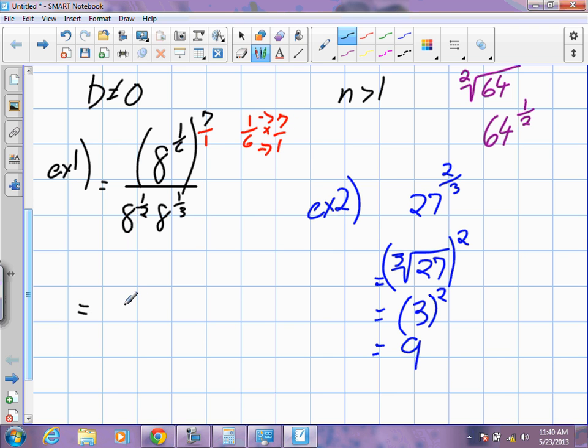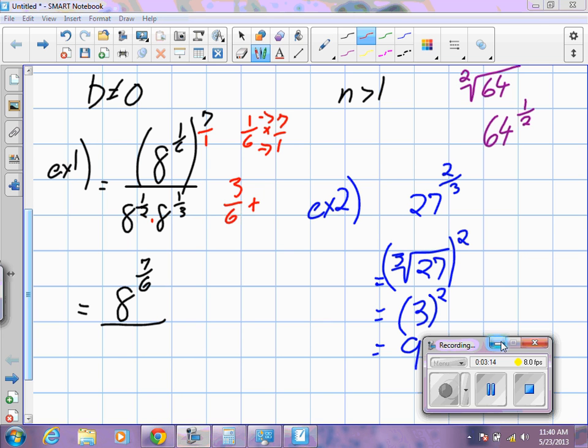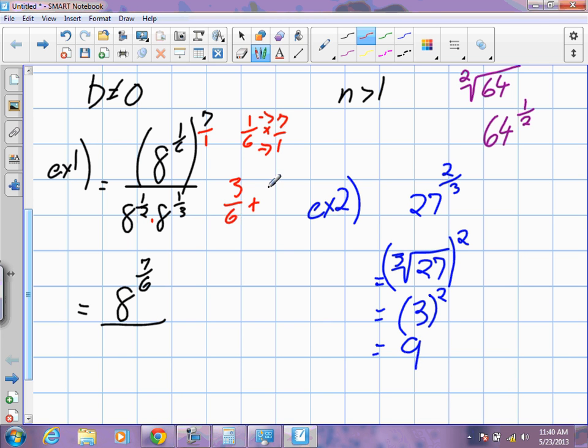We're going to then be left with 8 to the power of 7 over 6. On the bottom, we're multiplying 2 values, so we have to add these fractions. In order to add these fractions, we need a common denominator. So I'm going to turn them both to a denominator of 6, which will make this 3 over 6 plus 2 over 6.